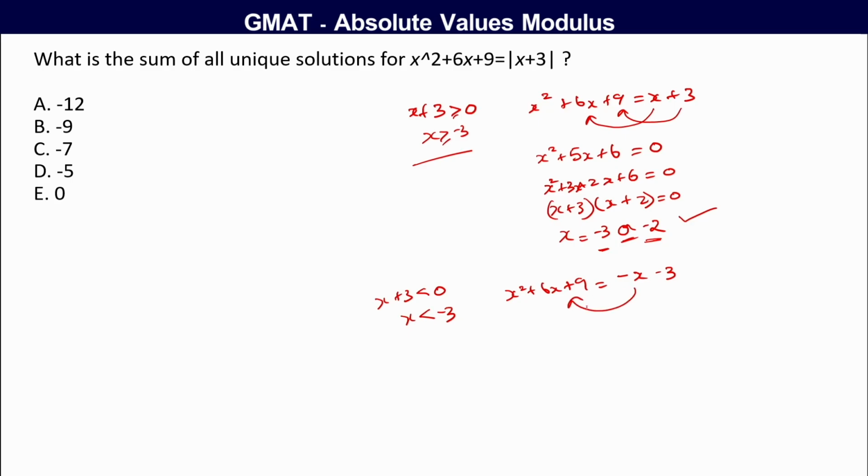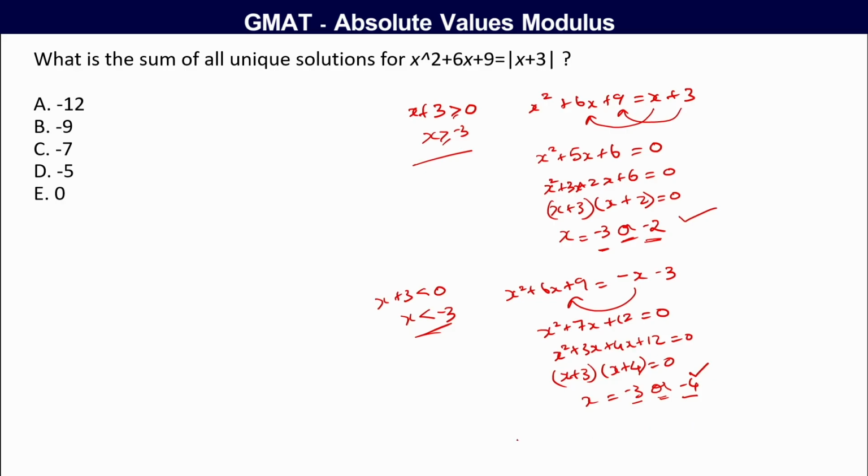Taking it on one side, we have x squared plus 7x plus 12 is equal to 0, that is (x plus 3)(x plus 4) is equal to 0. So x is either minus 3 or minus 4. Minus 3 is not less than minus 3, it is equal to, so you can just keep that aside, but minus 4 is less than minus 3. So this is an acceptable value for x.